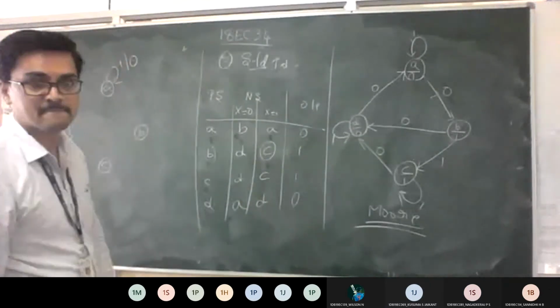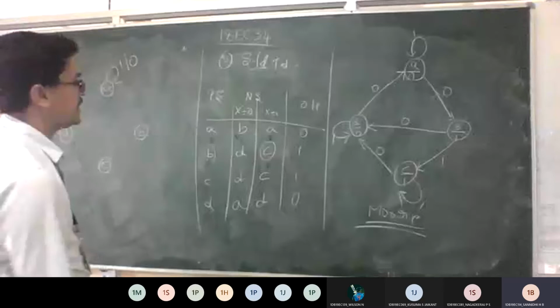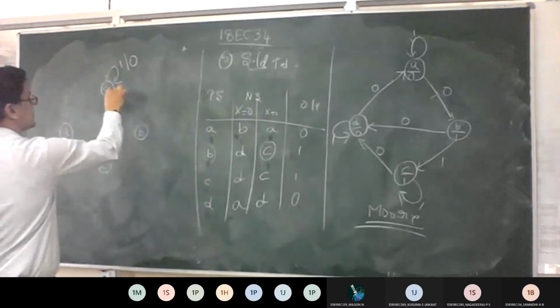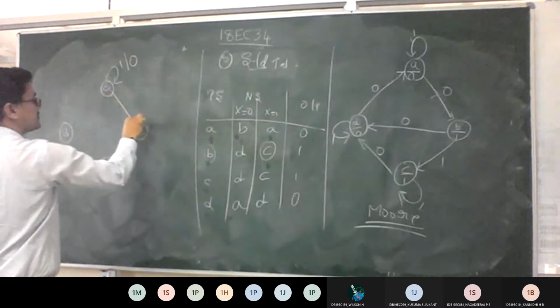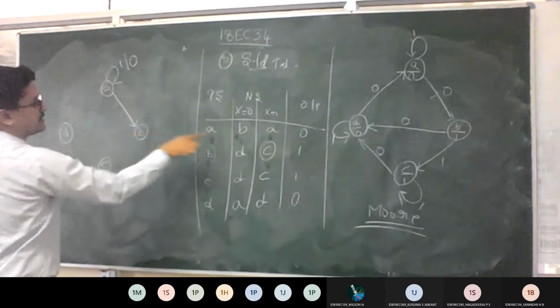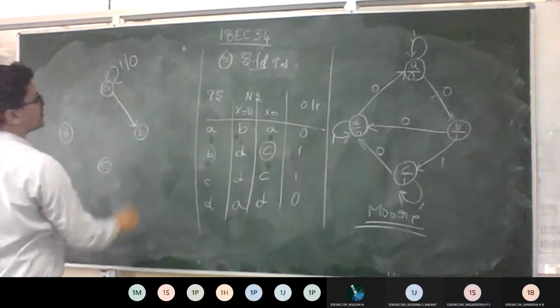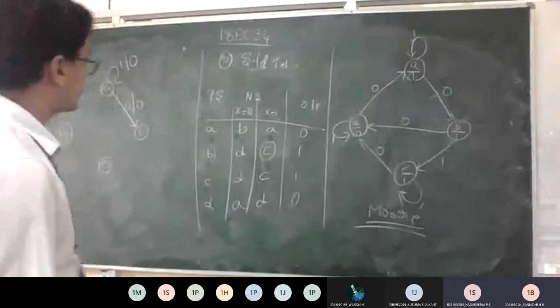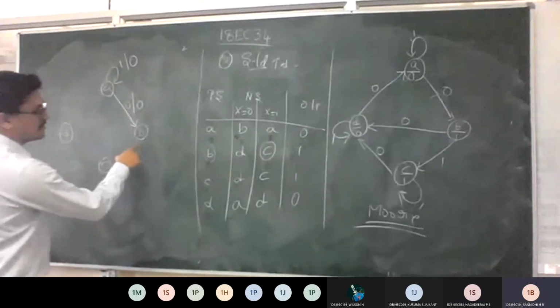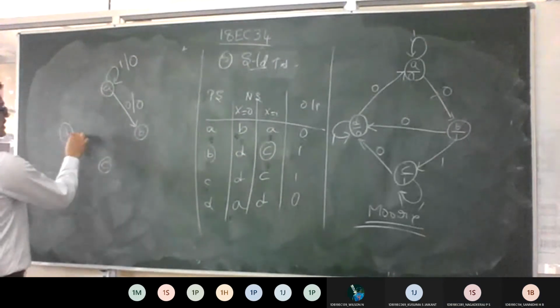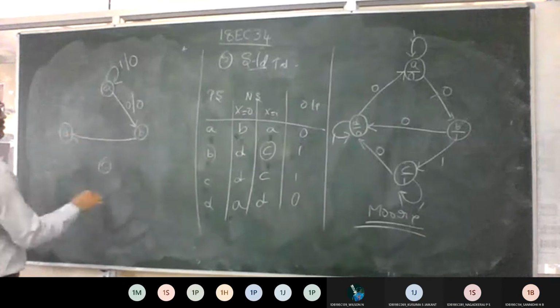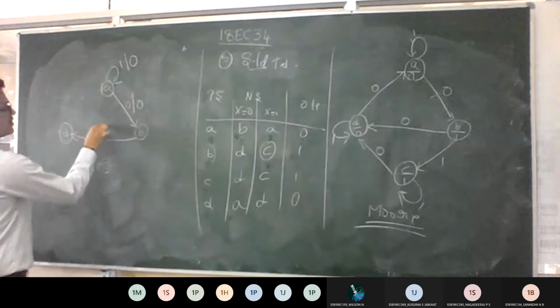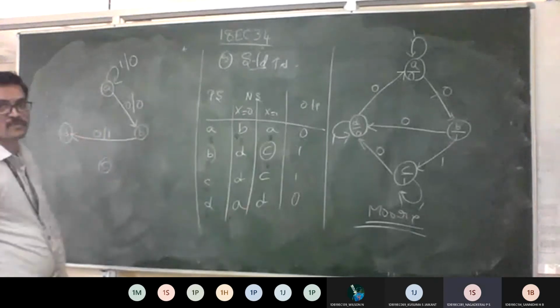Agree? Yes, sir. Next, A to B is the next state. Input 0, output 1. So 0 slash 1. Similarly, B to D connection is there. What is the input? 0. What is the output? 1.